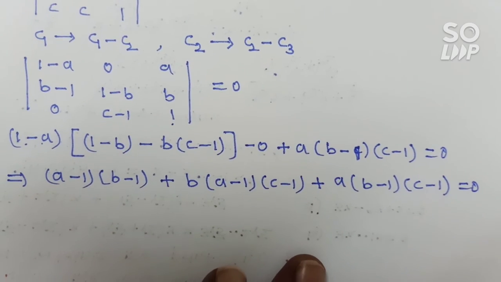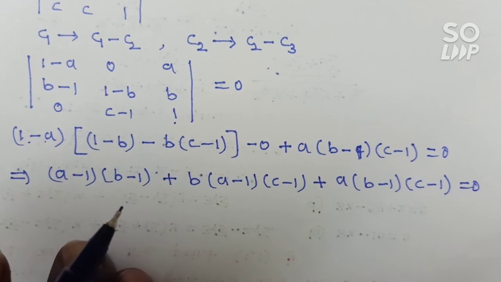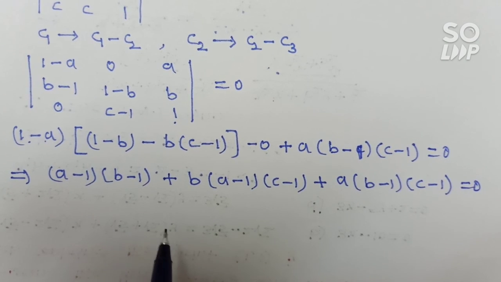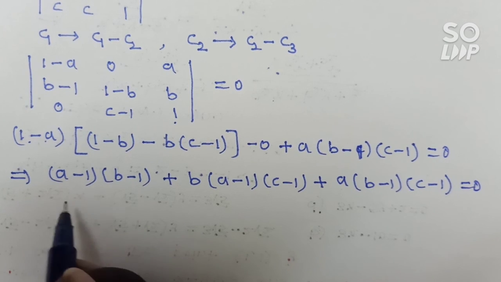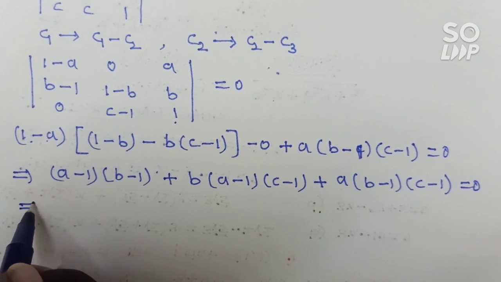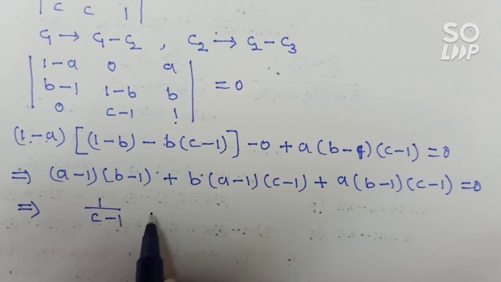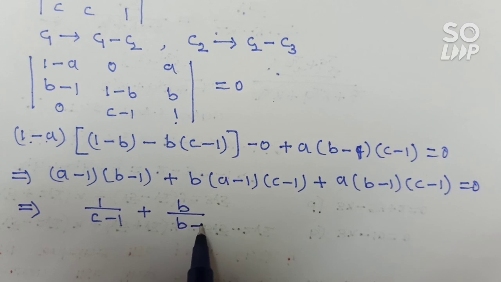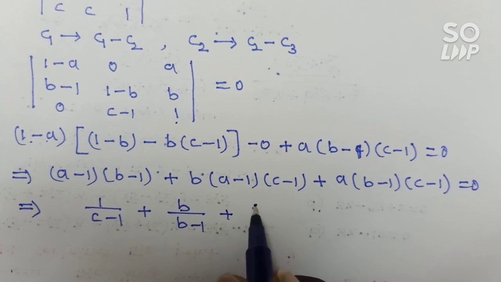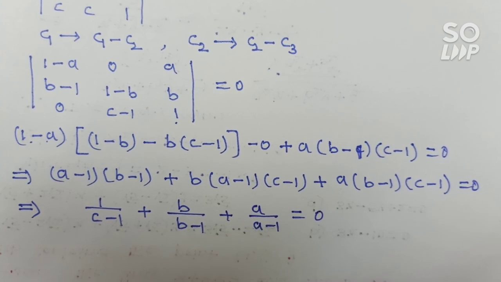Here you divide this expression on both sides by a minus 1 into b minus 1 into c minus 1. That implies 1 by c minus 1 plus b by b minus 1 plus a by a minus 1 equals 0.